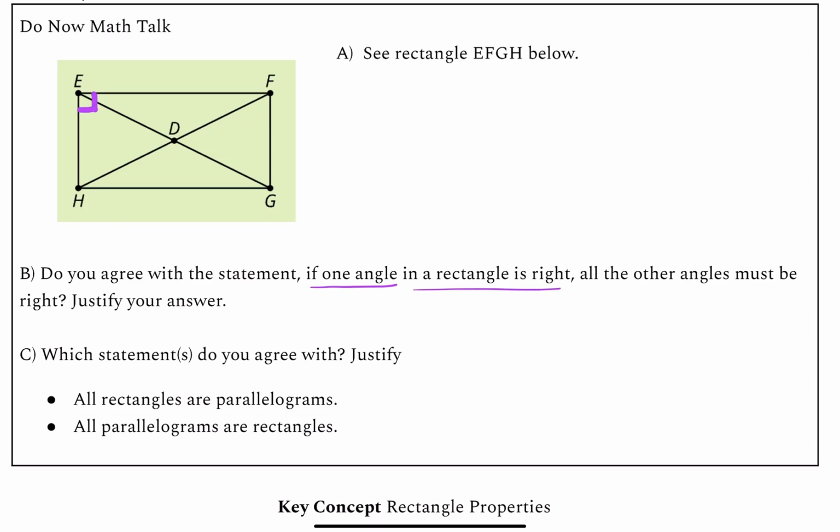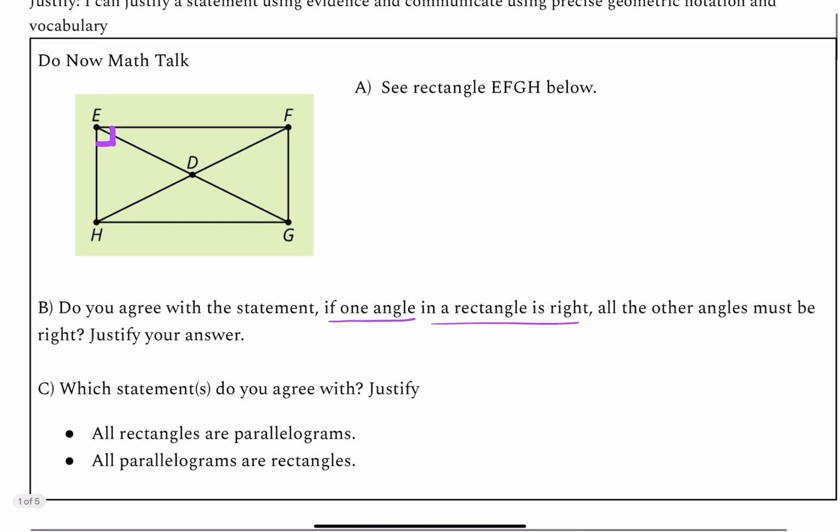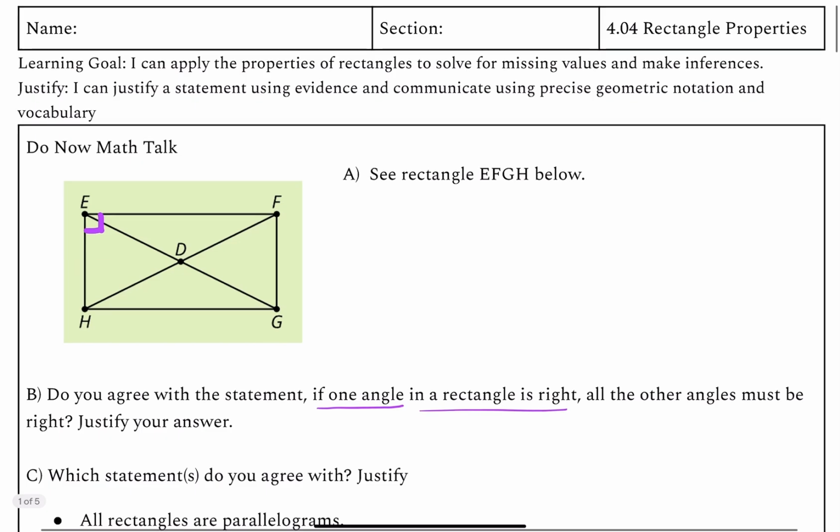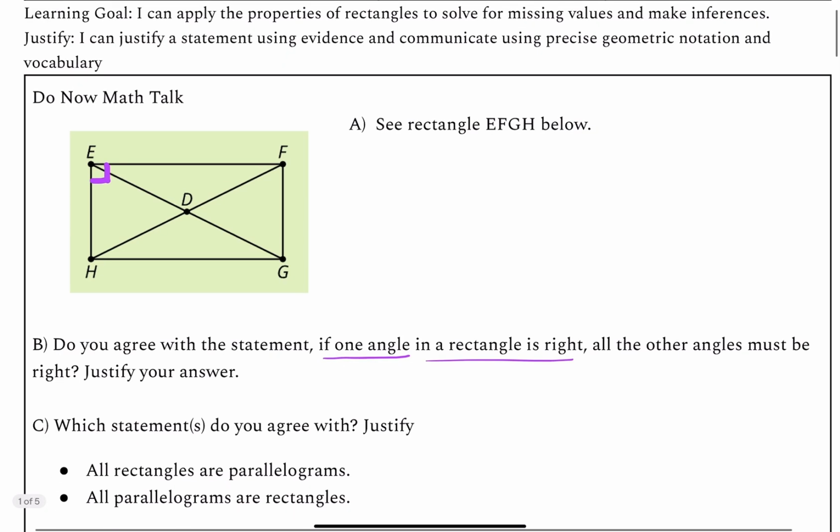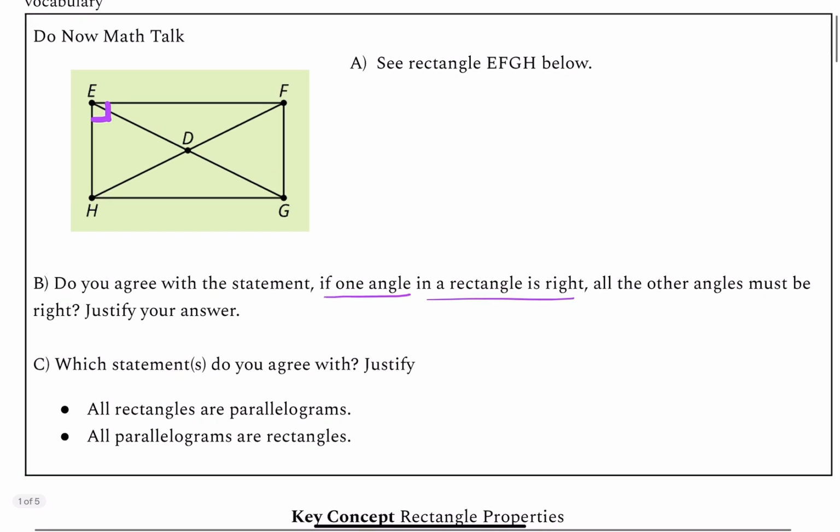All the other angles must also be right. Justify your answers. You will need handout 4.04 and 4.02 parallelogram properties to help you with this. And try out C. Which statements do you agree with? Justify. Play once you're ready to check your answers.